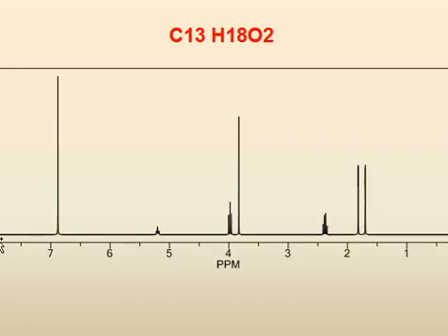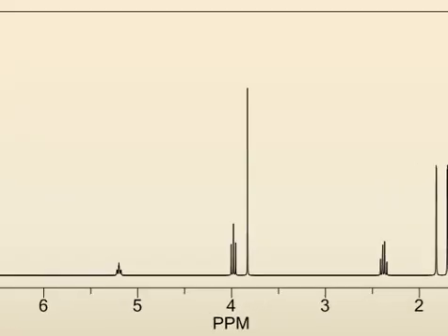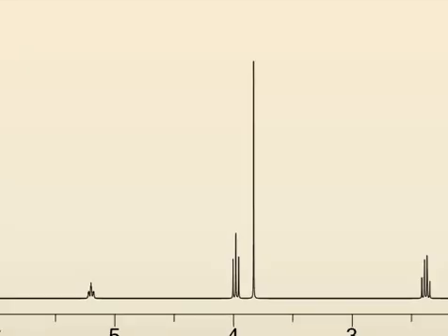Let's maximize it. Okay, this looks like a quartet, but that quartet is not equivalent, meaning the J value is not equal. See, the J value is not equal here. So it is not even a quartet.